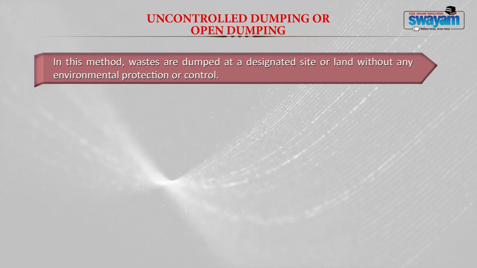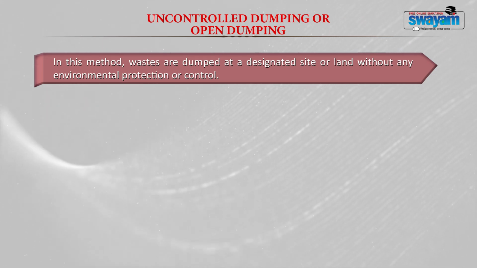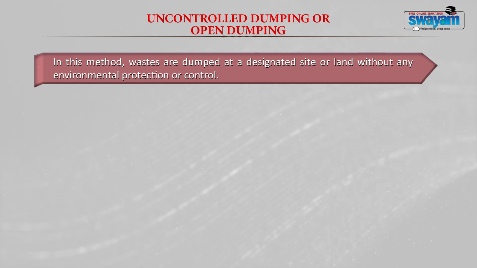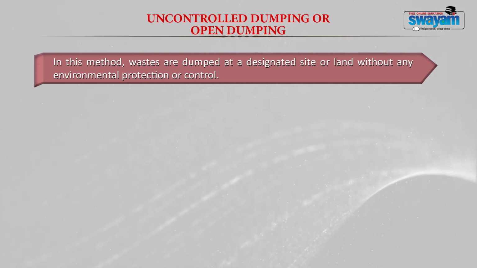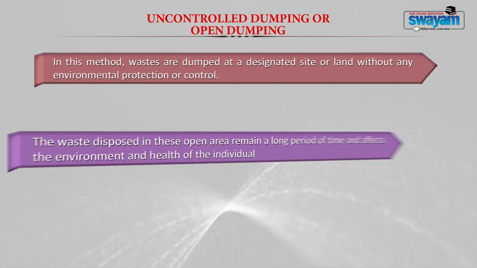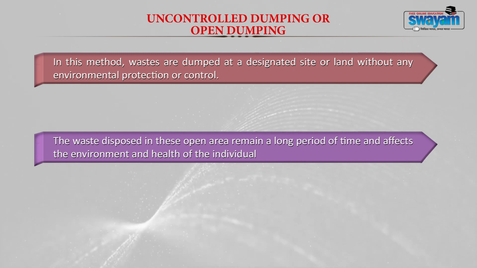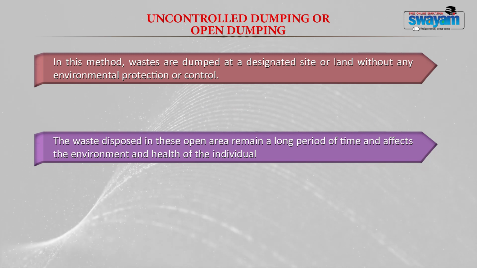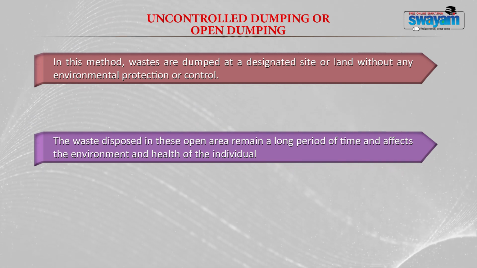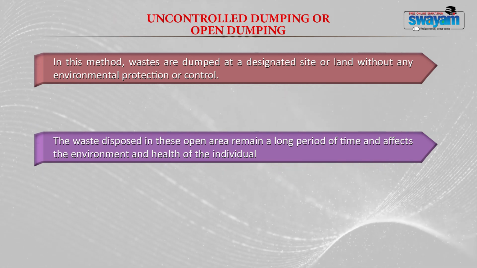You choose a certain barren land area and designate that site for dumping the waste collected from different parts of the town or city or metropolitan city. The waste disposed of in these areas remains for a long period of time and, as I told you, it affects the environment and health of individuals, causing a lot of diseases in animals as well as human beings.